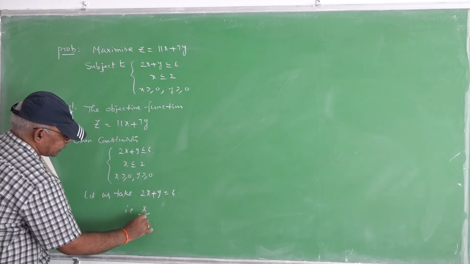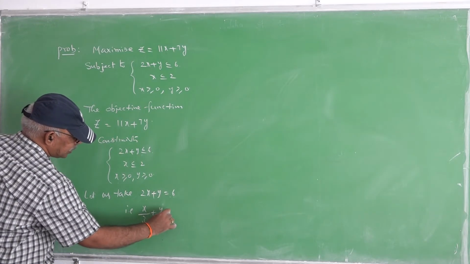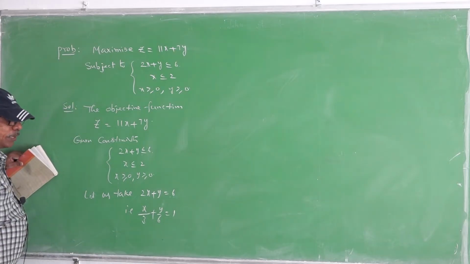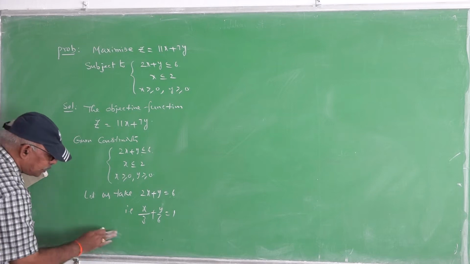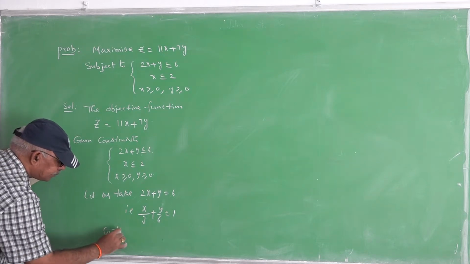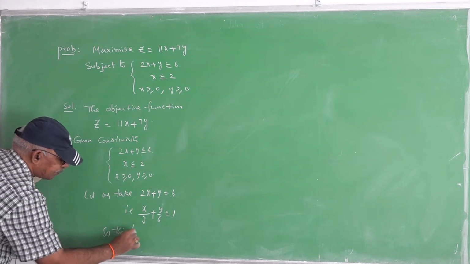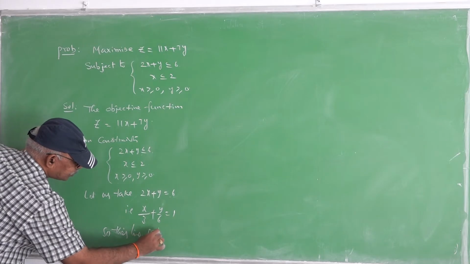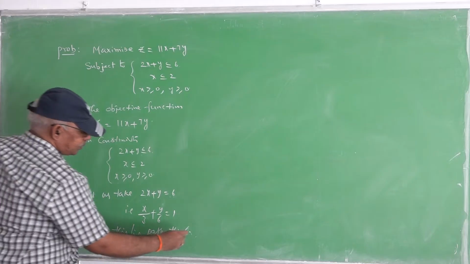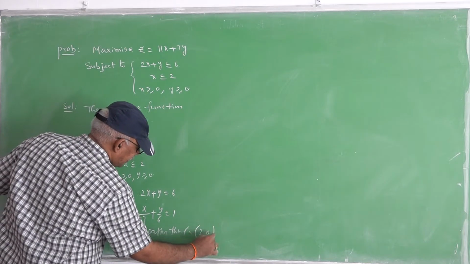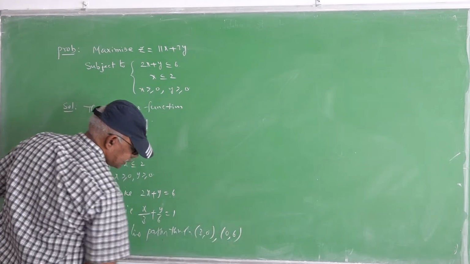So, in intercept form, that is x by 3 plus y by 6 equal to 1, by dividing 6 on both sides. So, this line passes through 3 comma 0 and 0 comma 6.